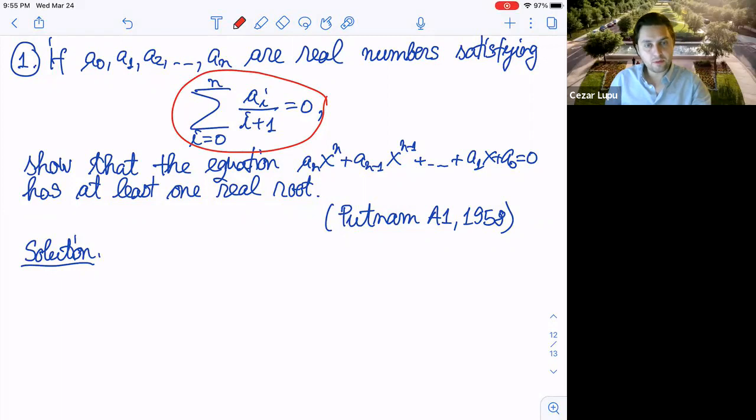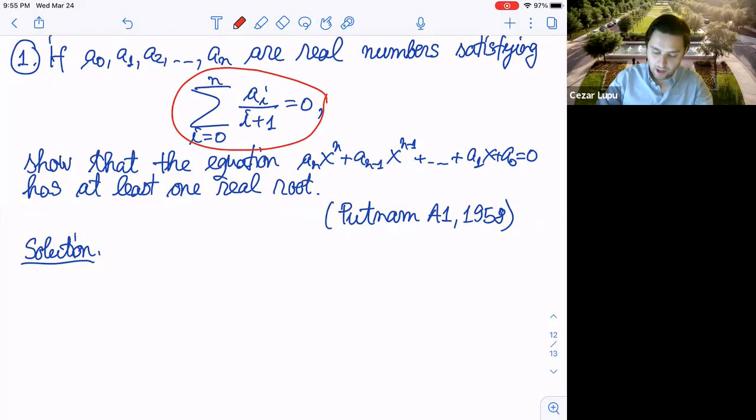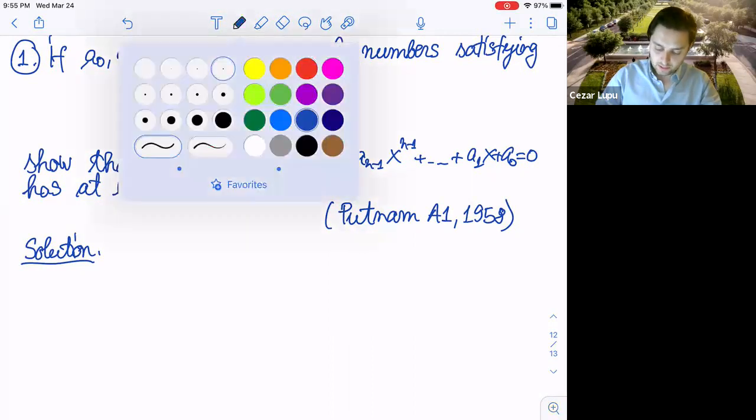All right. So maybe this term here, if we look at this guy, comes from some kind of integral. So first, let's observe something.